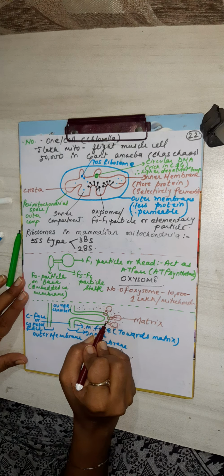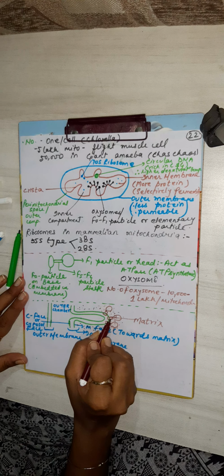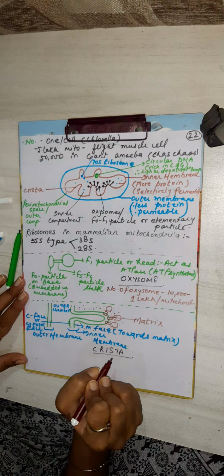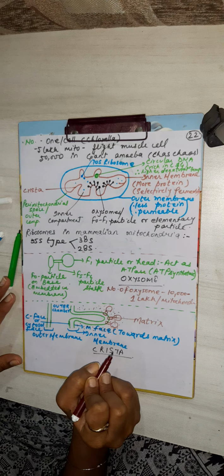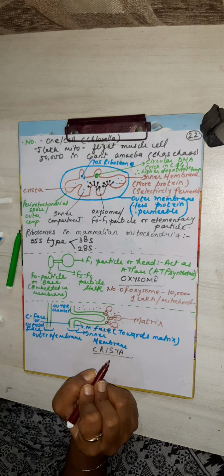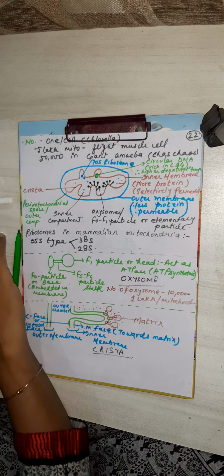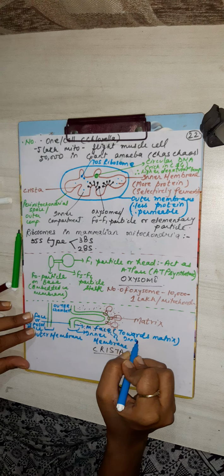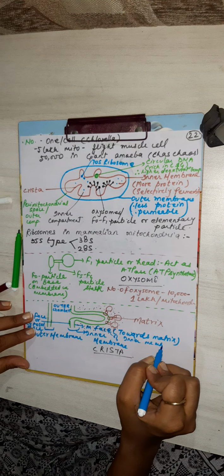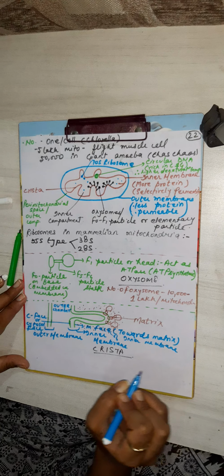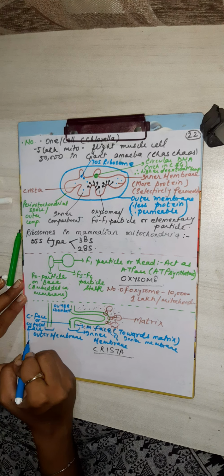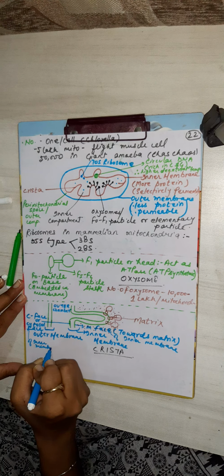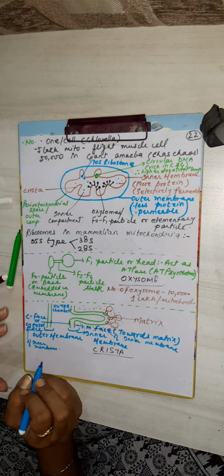This is F0, I have explained. F5, F6, and the upper one is F1. And the C face and M face I mentioned are of the inner membrane. Let me write down. M face of inner membrane. Cytosol face of inner membrane.